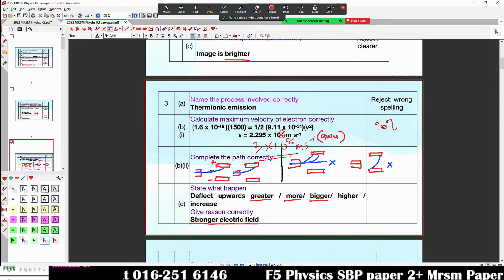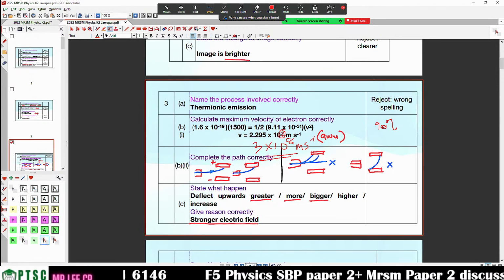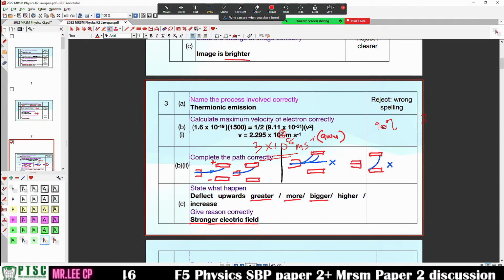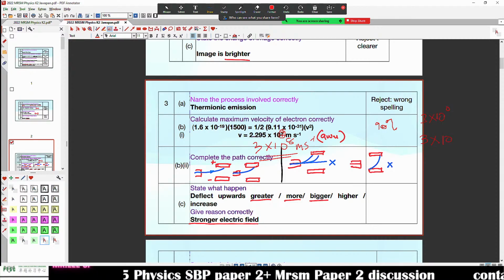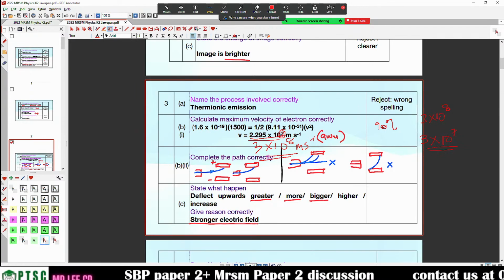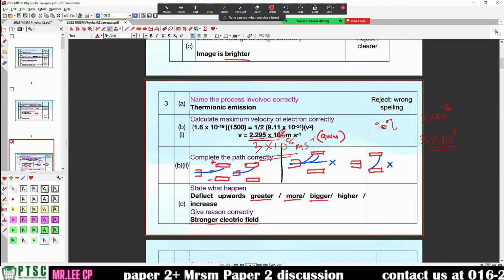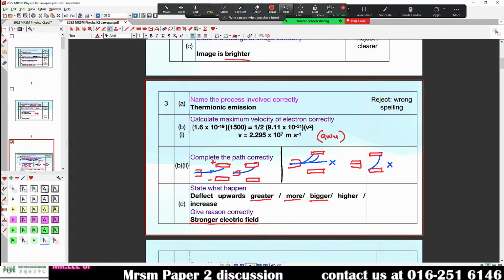Meaning if 10%, you minus 1, you divide by 10. So 3 times 10 power 8 becomes normally 3 times 10 power 7. About there, normally. Plus or minus a little. That's how your answer is.